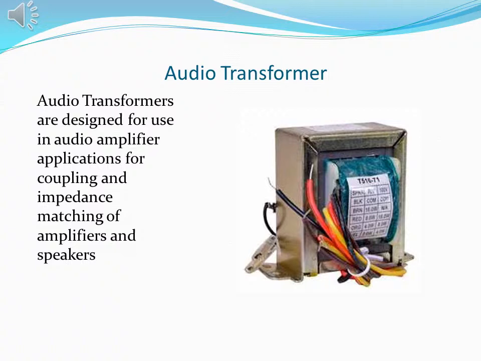Like any other transformer, an audio transformer comprises a primary winding and a secondary winding on a core, and the primary function of an audio transformer is to couple the energy from the primary winding to the secondary without introducing any distortion. Audio transformers are used primarily in audio circuits.